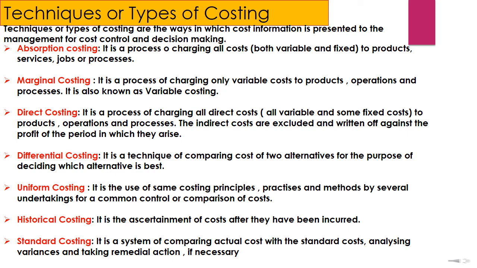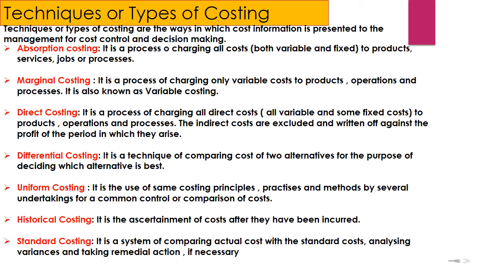Direct costing. In this, only the direct cost, that is direct cost whether it is variable or fixed, only the direct costs are taken into consideration. The indirect costs are excluded and written off against the profit of the period in which they arise.